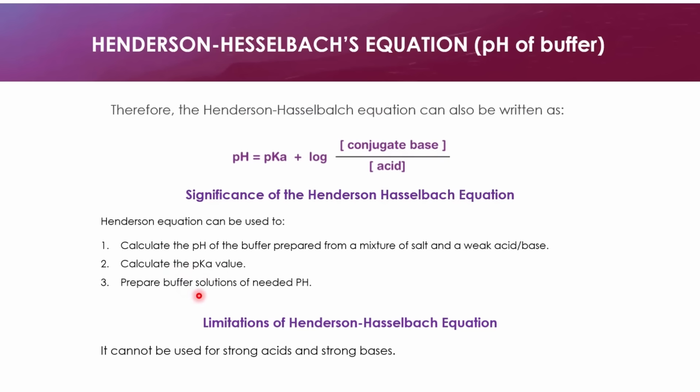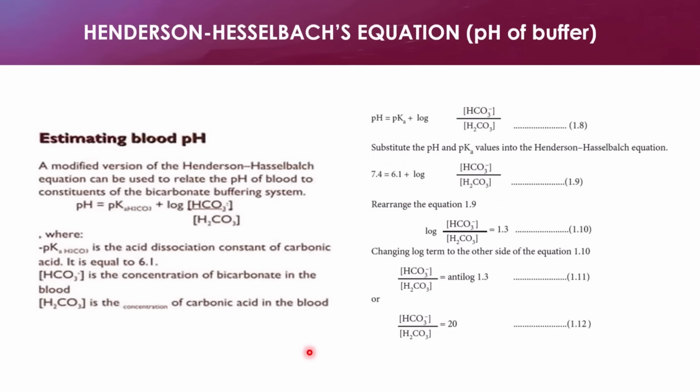The equation is normally given as: pH equals pKa of the acid plus the log of this divided by this, where the pKa is the acid dissociation constant of carbonic acid and it is equal to 6.1, this is the concentration of the bicarbonate in the blood, and this is the concentration of the carbonic acid in the blood.